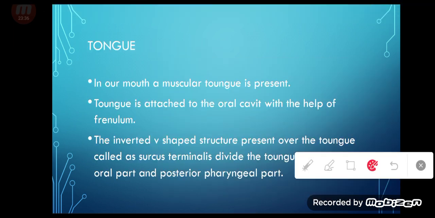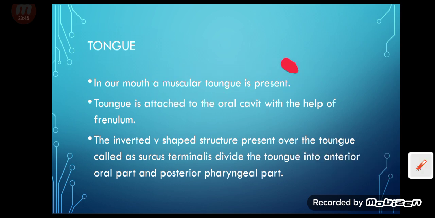Now let us discuss the tongue. In our mouth, a muscular tongue is present. The tongue is attached to the oral cavity with the help of the frenulum.